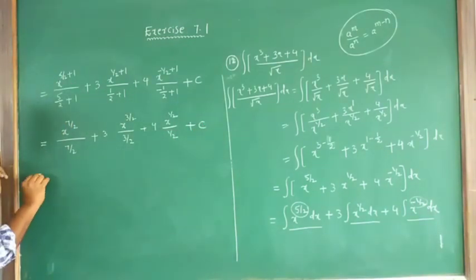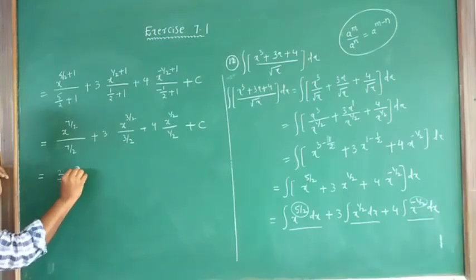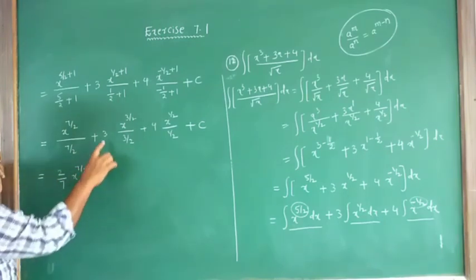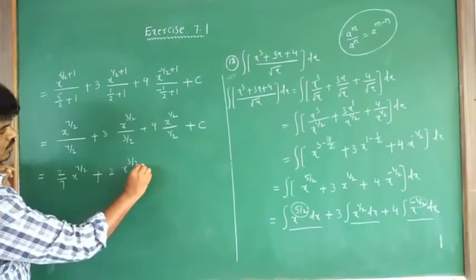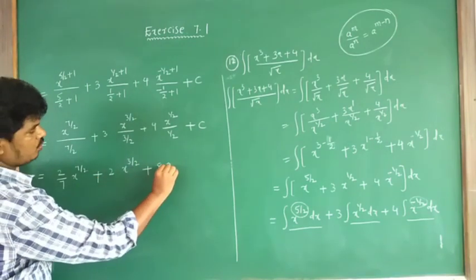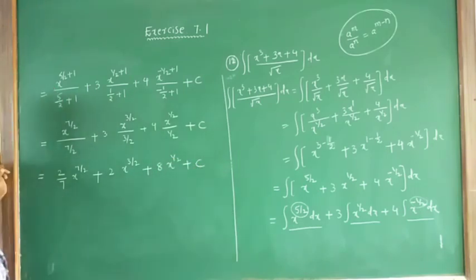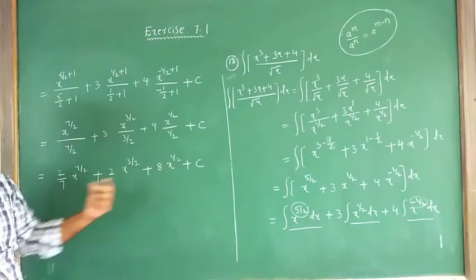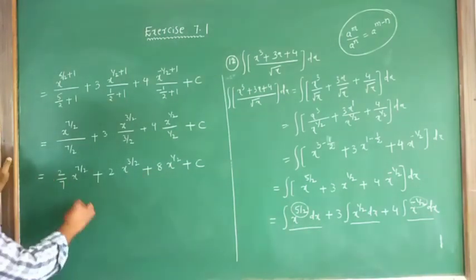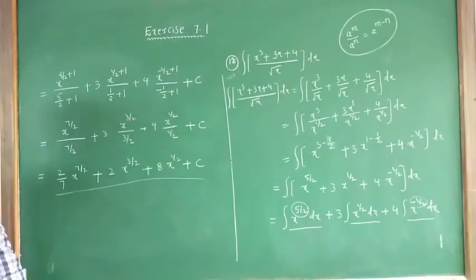I am going to get the last step: 2 by 7 into x to the power of 7 by 2 plus, 3 gets cancelled, 2 into x to the power of 3 by 2 plus 8 into x to the power of 1 by 2 plus c. If you want, you can write x to the power of 1 by 2 as root x, otherwise just keep it like this, enough. It is the answer of the 12th question.